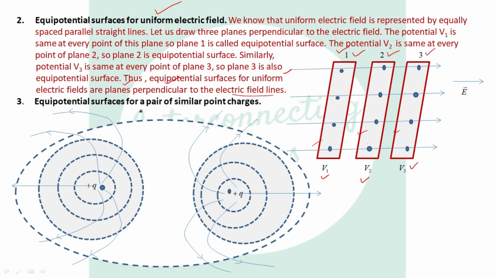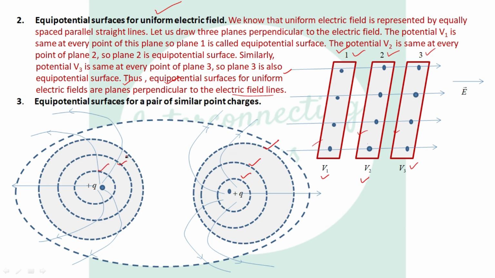And equipotential surfaces for a pair of similar point charges, plus Q plus Q. Electric field lines will be away from the positive charge, and these are the same charges, so electric field lines are repelling, and these are the equipotential surfaces.